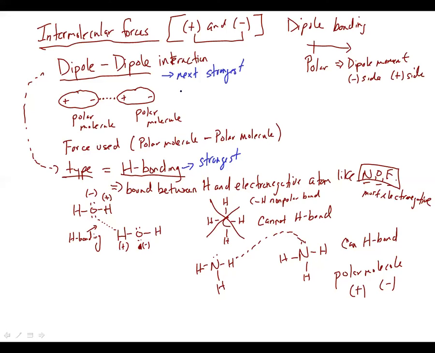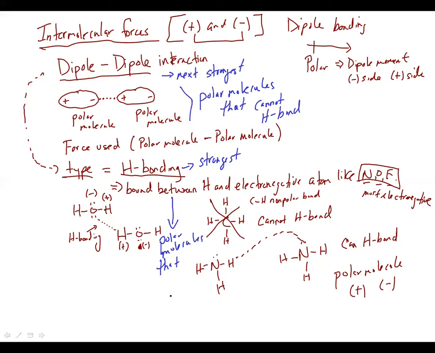And dipole-dipole is typically used for polar molecules that cannot hydrogen bond, while hydrogen bonding is used for polar molecules that can hydrogen bond.